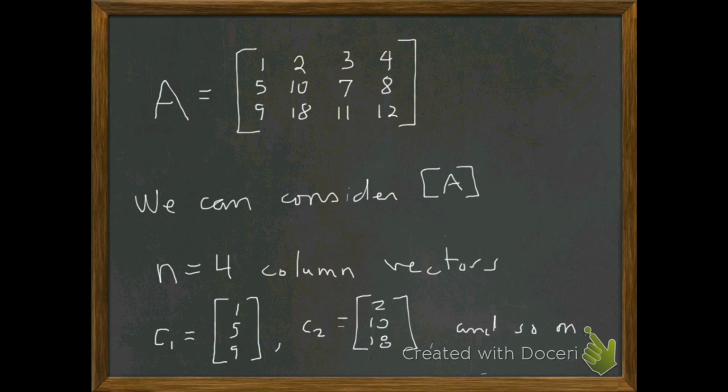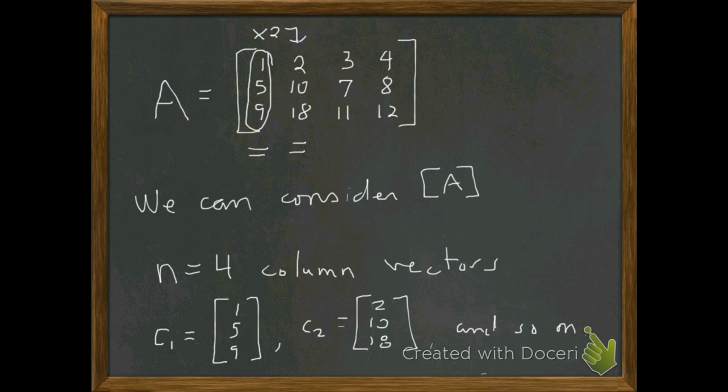Now, guys, I've constructed this in a special way because I want you to focus on column 1 and column 2. What you'll notice is if we take column 1, which is 1, 5, 9, and column 2, which is 2, 10, 18, it's easy to see that we could take this column right here, multiply by 2, and create this column right here.